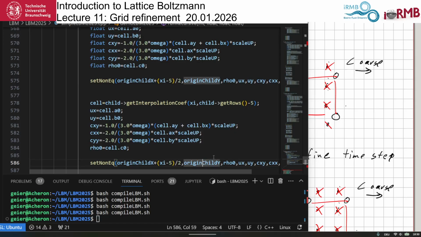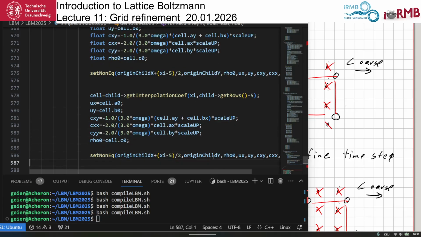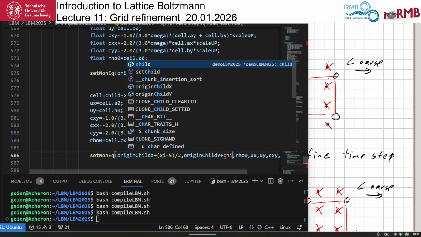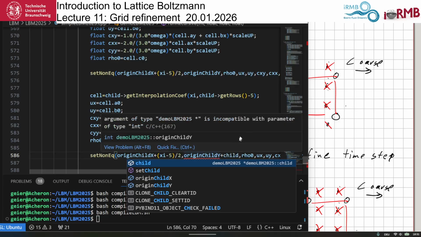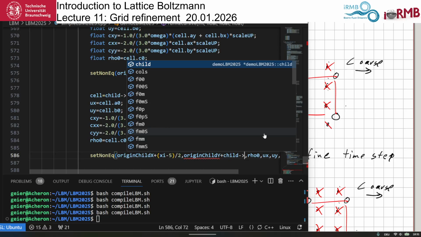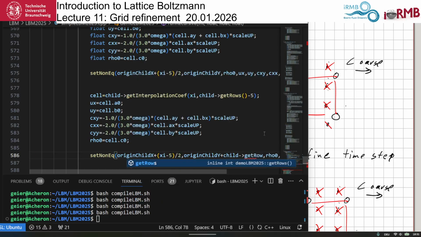And then this also is terrible. So now where to put it? Okay, we read it again, so that would be the same. And then here we have to add child, get rows.